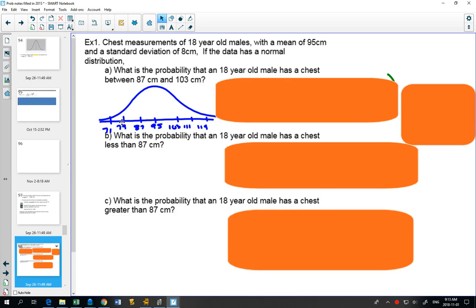So we can draw out our normal distribution, and it's quite handy to draw this out every single time. Draw the bell curve, put your mean in the middle, take your standard deviation, which is 8, add 8 3 times, so I have 103, 111, 119. Subtract 8 3 times, 87, 79, 71.